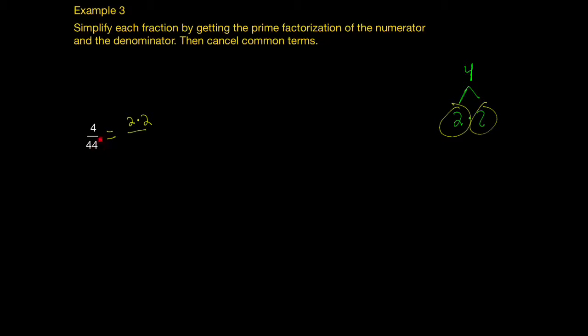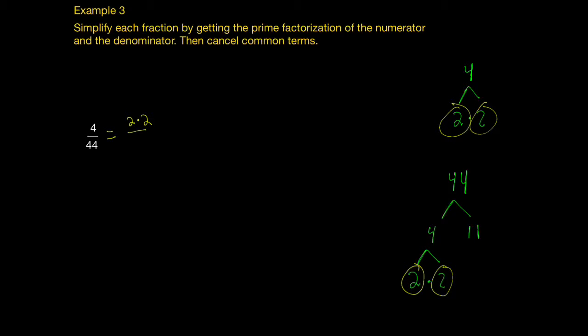We're going to do the same for the denominator of 44. I'm going to write 44. Here's my side work, and I'm going to get its prime factorization. 44, we can say that that's the same as 4 times 11. And then 4, we can break it down into 2 times 2, and the 2's are primes.